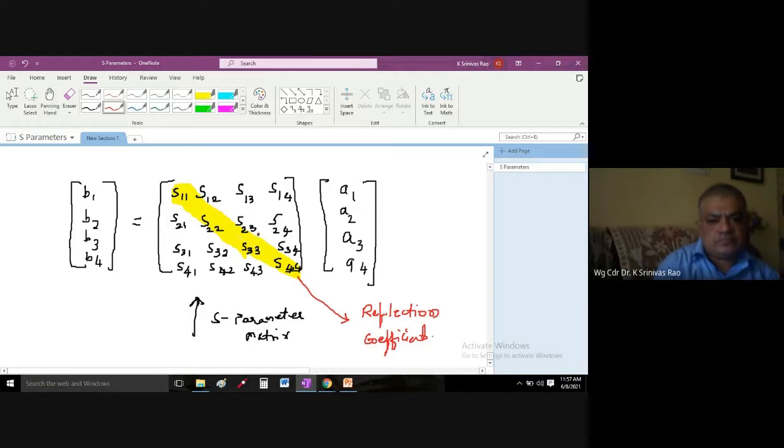Now, this one is the S parameter matrix. This is the total reflection happening, the reflected power.